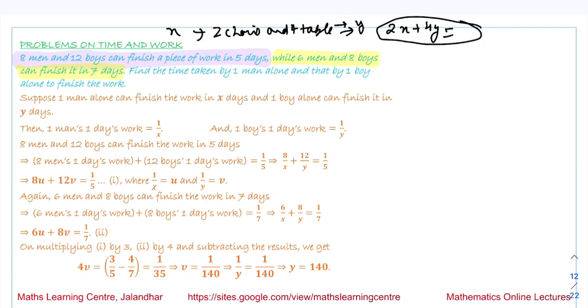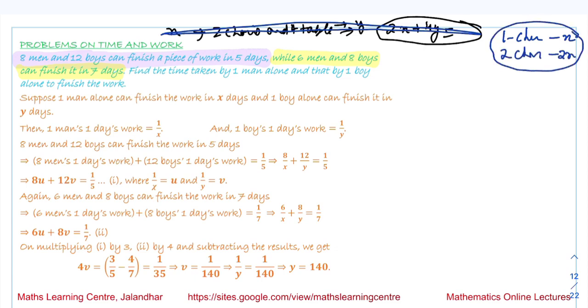You cannot solve these kinds of problems of work and time using this method. When we say the cost of one chair is x, then the cost of two chairs is 2x. But when we are talking about a problem based on time and work, what will happen?